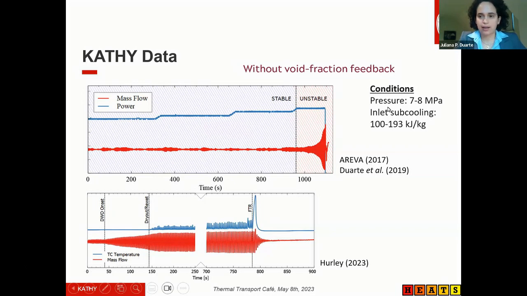Just to highlight, these experiments were run at 7 and 8 megapascals with inlet subcooling of, I believe, 40 and 20 degrees Celsius, 193 joules per kilogram, and natural circulation.